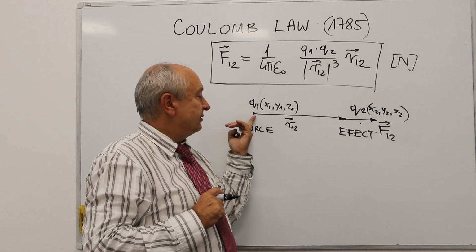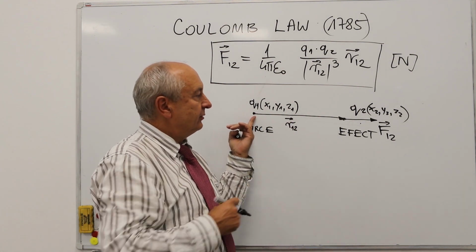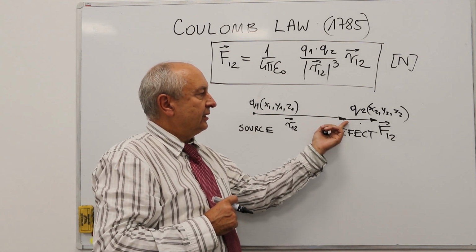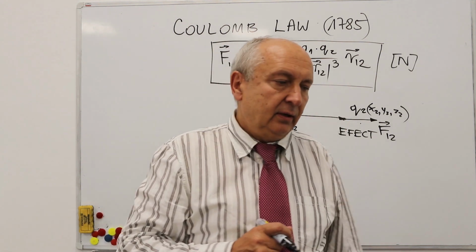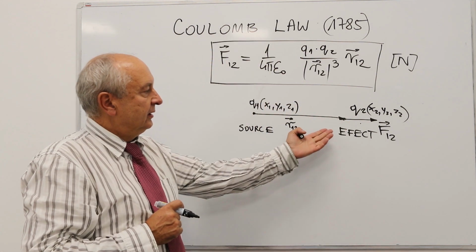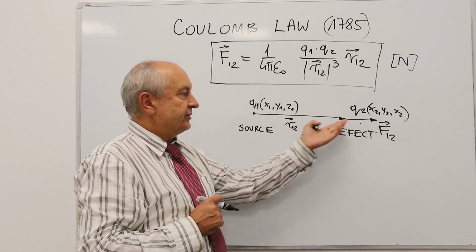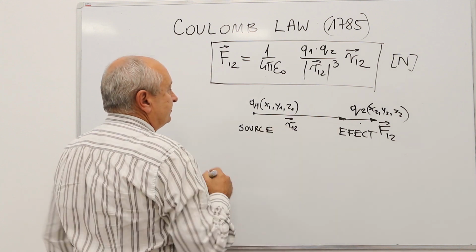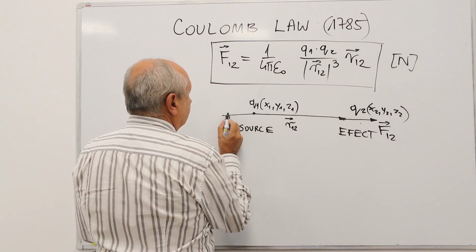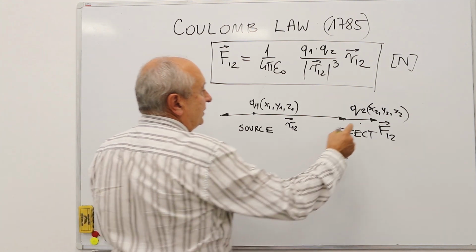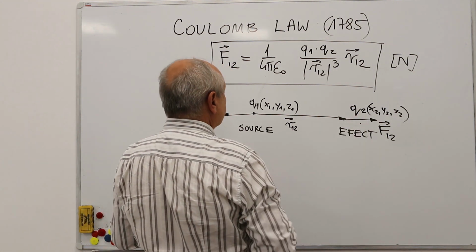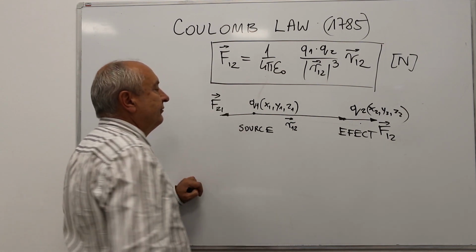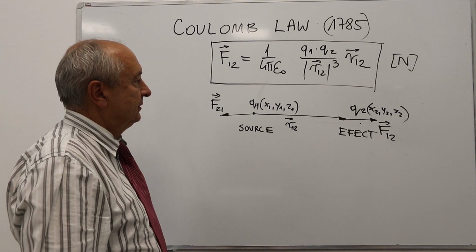Q1 is the source of the force, and Q2 is the charge on which the force is exerted. If we exchange so that now Q2 is the source of the force, we should write it this way: force 2,1.